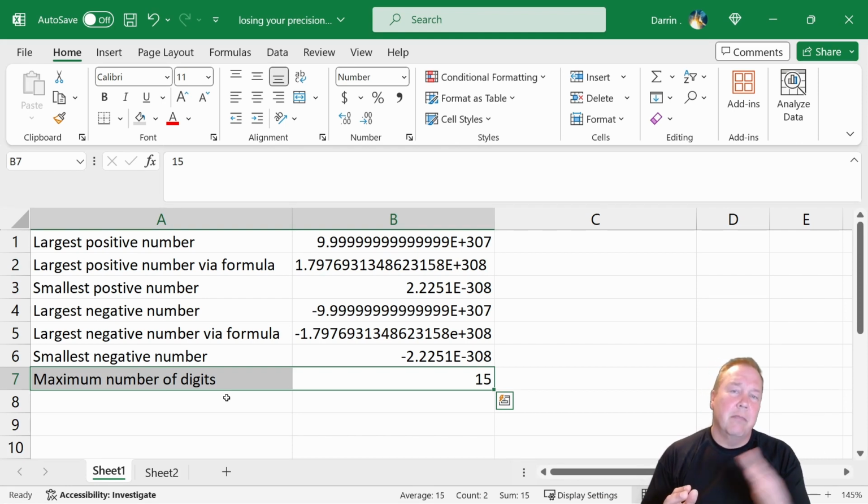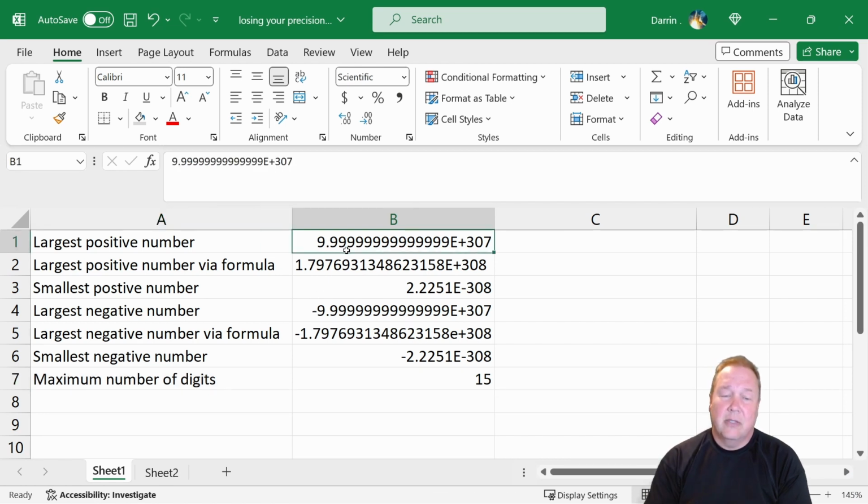And if you get bigger, you have to lose digits in there as well. So in this case, it looks like those nines might go forever. They don't. They stop right there. So this is where you run into potential issues, if you actually care about more than 15 digits, because you can't do more than 15 digits.